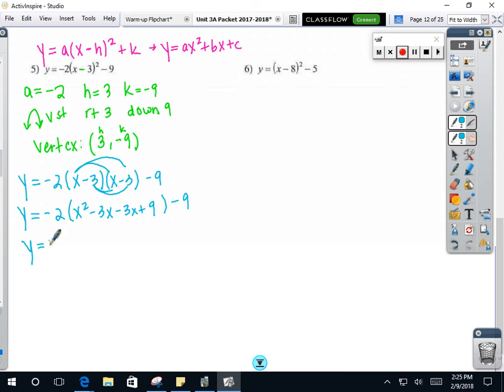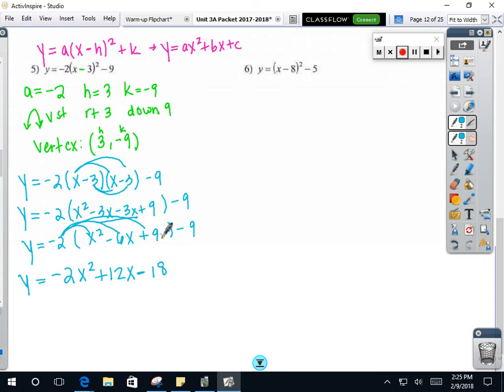Now, I'm still not going to do anything with the negative 2 or the minus 9 because I still have simplifying to do right here. The negative 3x minus 3x combines to a negative 6x. Now I'm ready to distribute that negative 2. Negative 2 times x squared is negative 2x squared. Negative 2 times negative 6x is positive 12x. Negative 2 times 9 is negative 18.